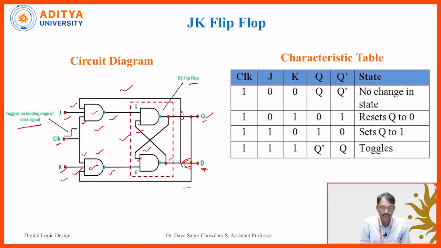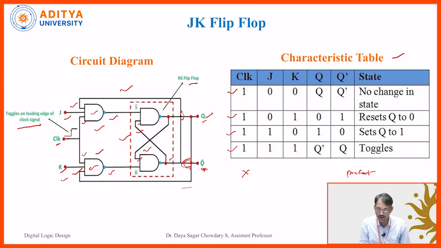This is the SR flip-flop, or RS flip-flop. Here is the characteristic table, just like a truth table. Whenever the clock signal is not there, the output simply follows the previous state. Whenever the clock signal is high, only then do we consider the outputs for particular inputs.